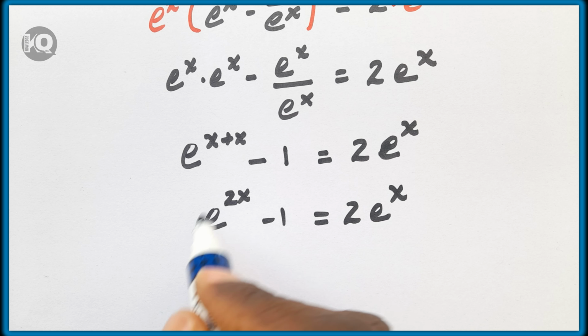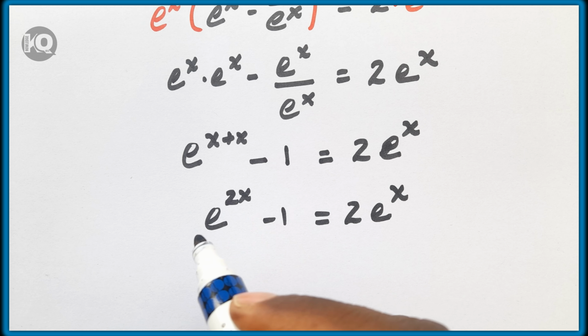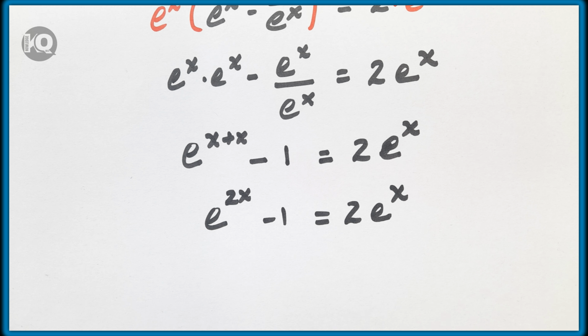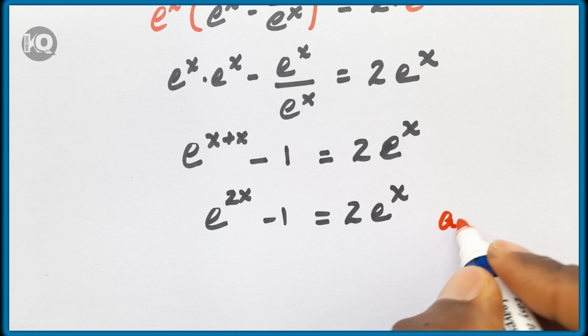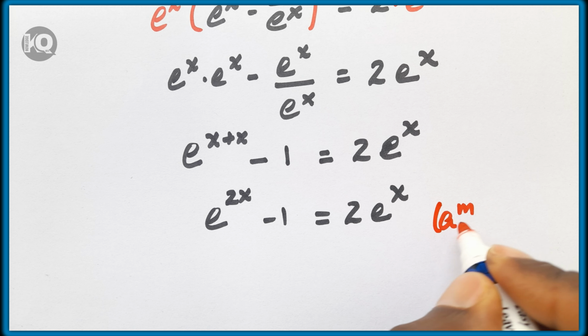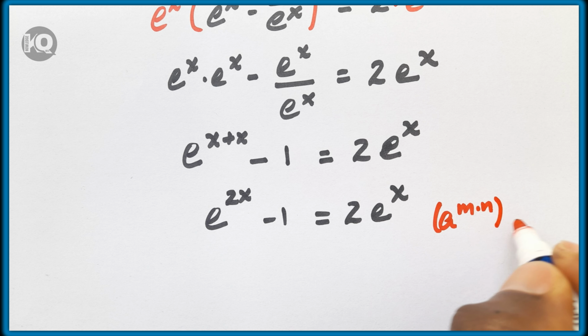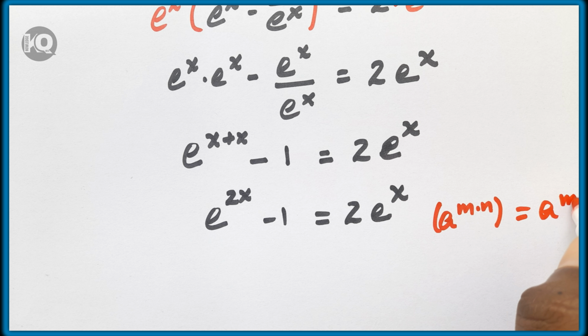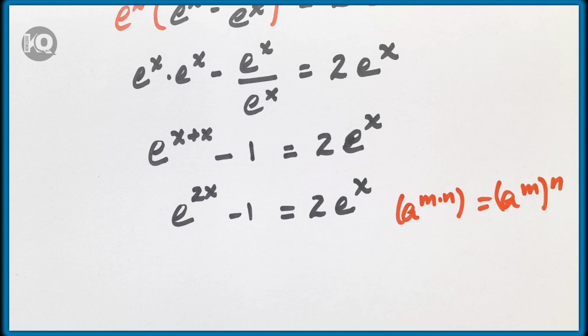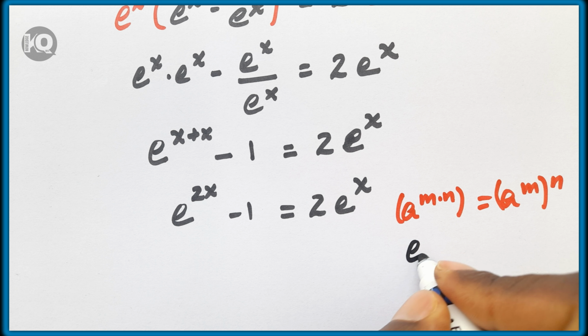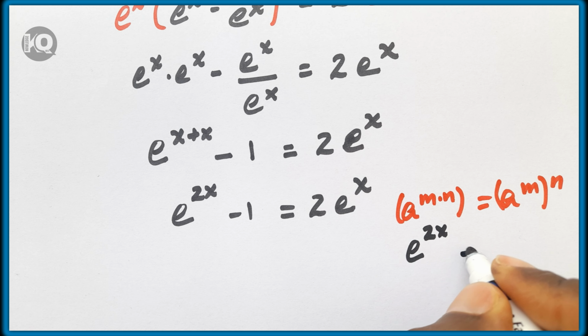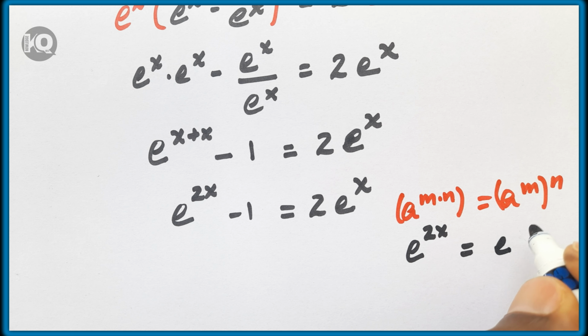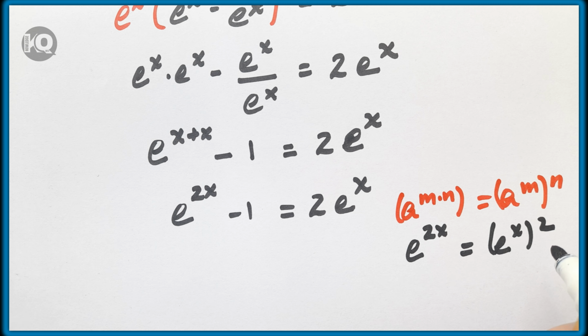So the exponent here is 2x. From the rule we know that a to the power of m times n is equal to a to the power of m, to the power of n. So e to the power of 2x can be written as e to the power of x, to the power of 2.